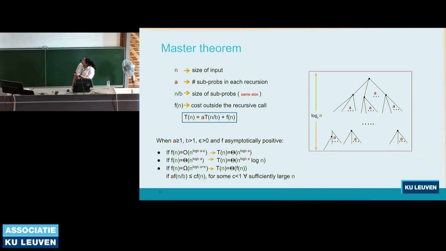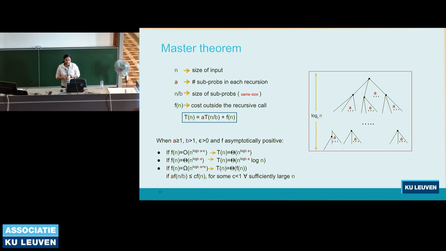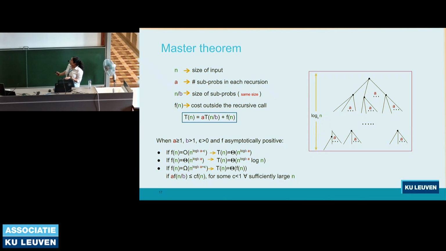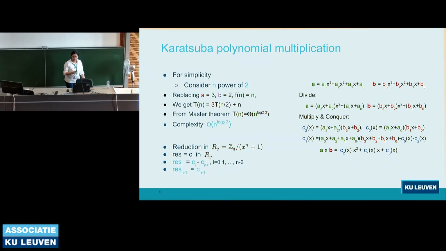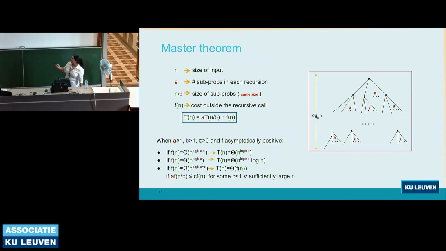Here, let's say n is my input size, and I'm dividing into a sub-problems, each with n by 2 size, and f(n) is some cost outside this operation, then my time complexity is something like this, and depending on f(n), my complexity becomes something like this. So this theorem I will use for Karatsuba, as I showed in the previous picture.